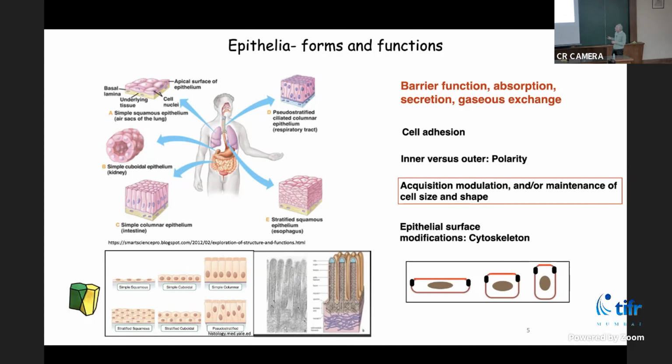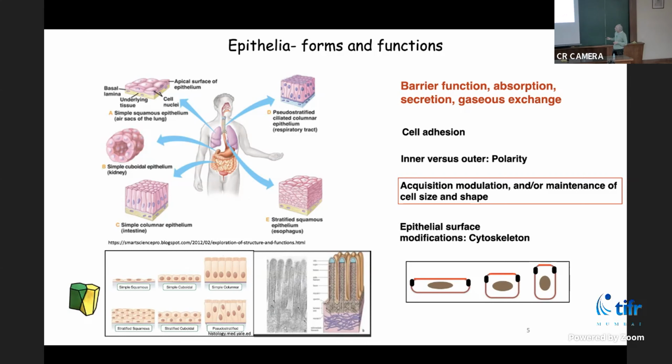So the question then one can ask is, how does the animal or the living system acquire a particular cell size or cell shape, modulate it when you require it, during development especially, or during migration, and how do you maintain them? And these are the kind of questions that we're asking using zebrafish as a model system.